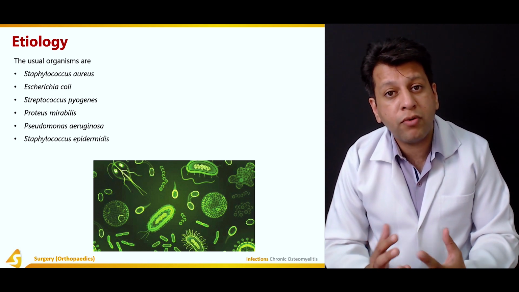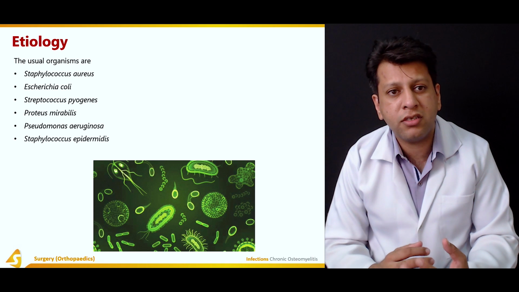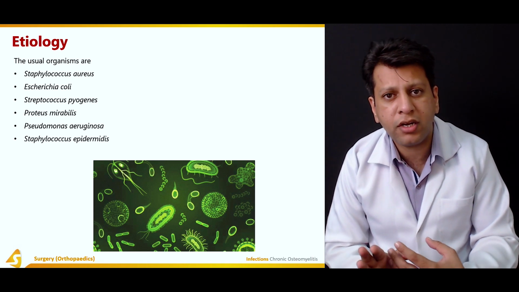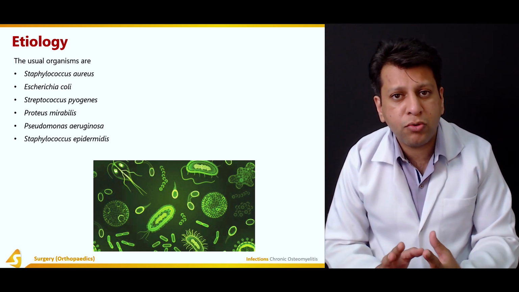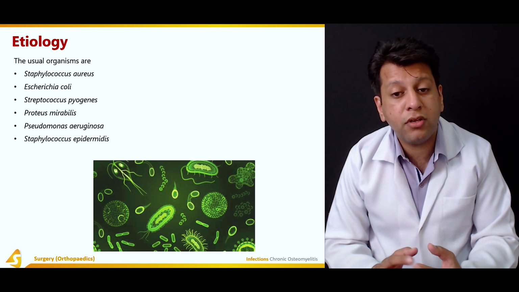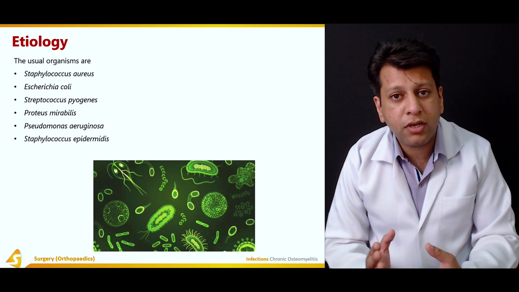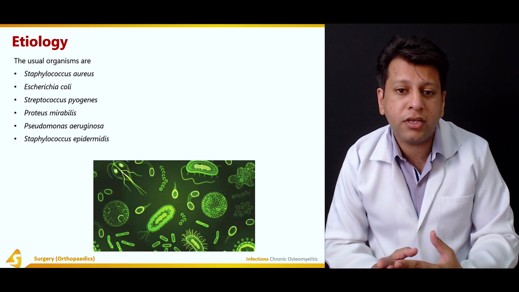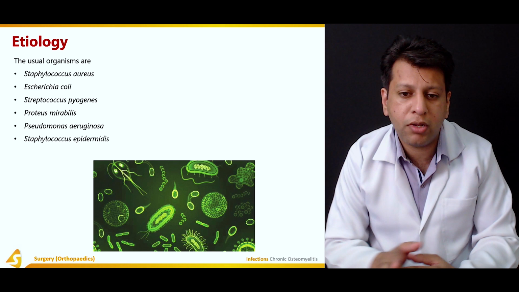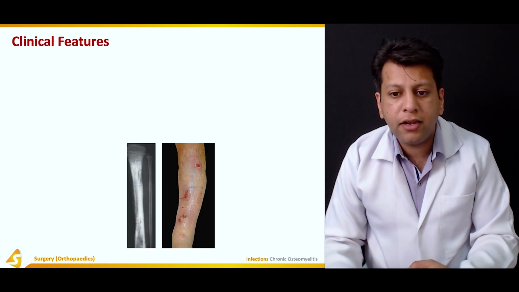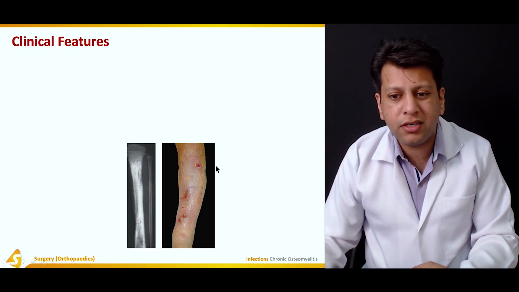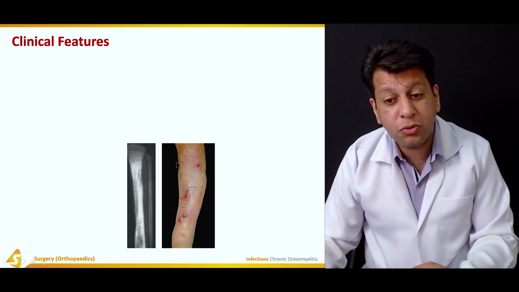If they have spread from the skin due to a laceration or some kind of a cut in the skin, and reached the bone, they may multiply and initially cause an acute infection, which eventually subsides, not completely resolving, and then becomes chronic osteomyelitis.